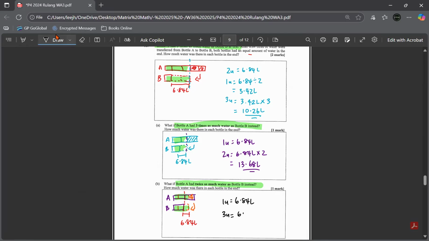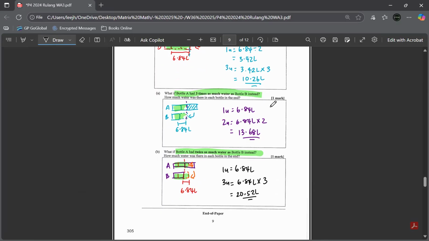You take 6.84 liter times 3. Your answer will be 20.52 liter. Okay, so you need to read the question, and then you work out your 3 different answers for 3 different scenarios, right? So that means that's the end of the exam paper review.